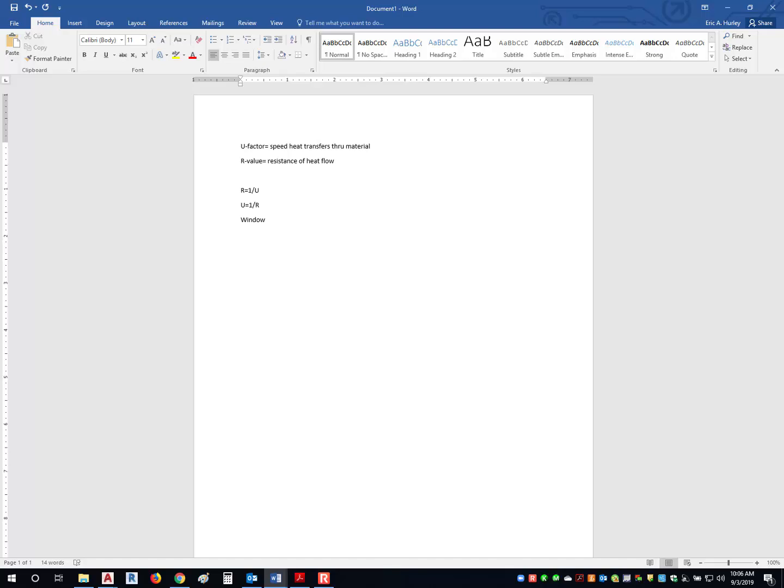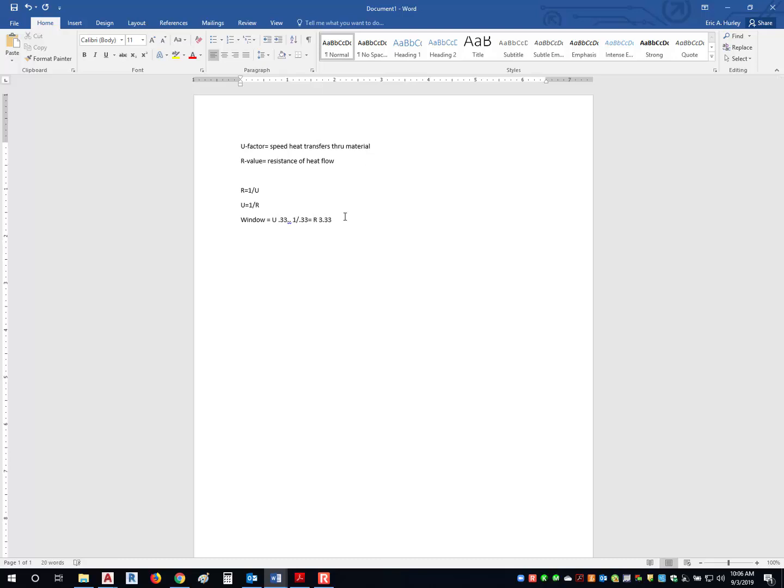So the window has a U of, say, 0.33. Okay, we'll keep it simple. So if we say 1 divided by 0.33 equals 3.3. All right, so that was pretty simple. So that is an R, that is an R 3.3.